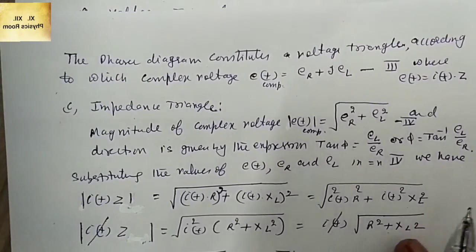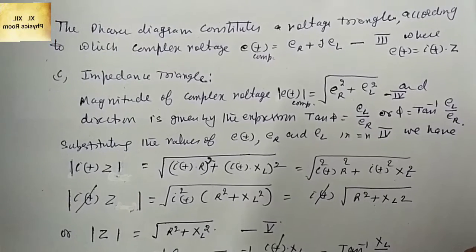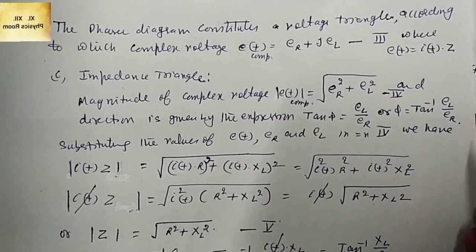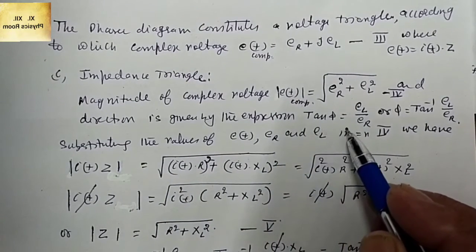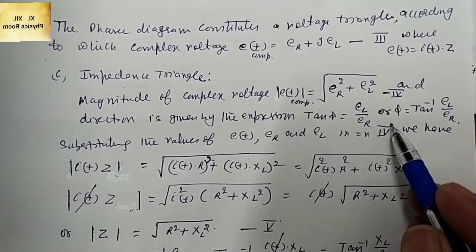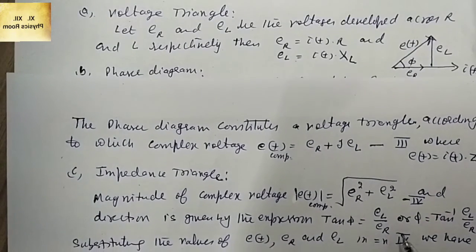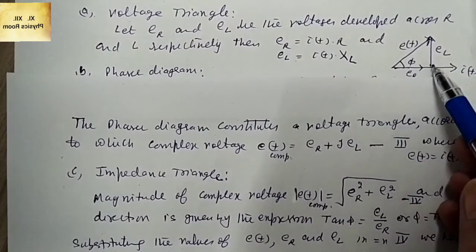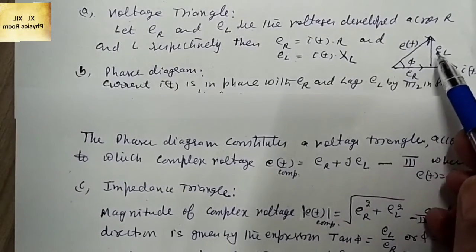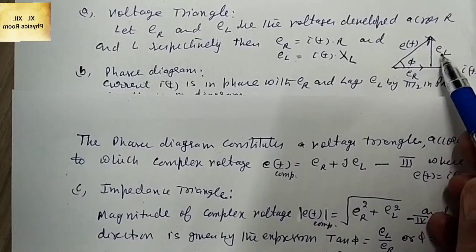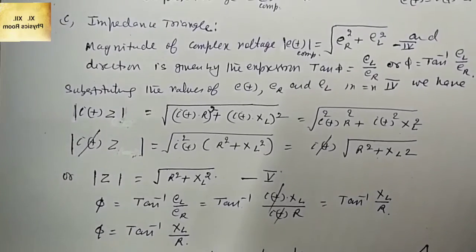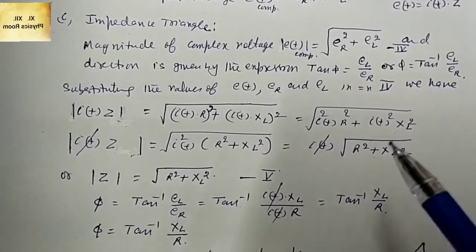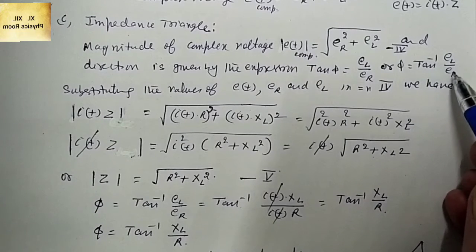And the direction is given by the expression tan phi equal to E_L by E_R. Tan phi is perpendicular over base, E_L by E_R, or phi is equal to tan inverse E_L by E_R.